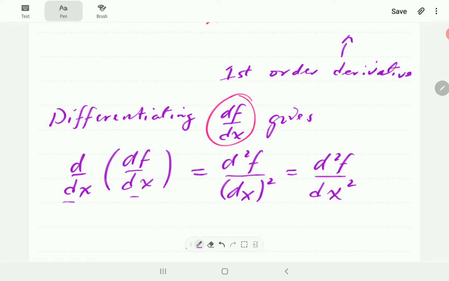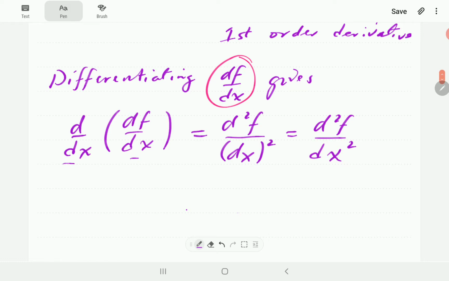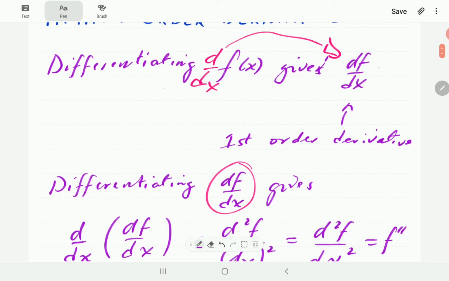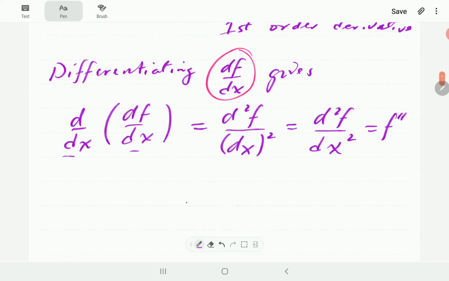So we just write d squared f over dx squared, and this is our second order derivative. Now using the prime notation, df dx is f prime, so this one is going to be f double prime.